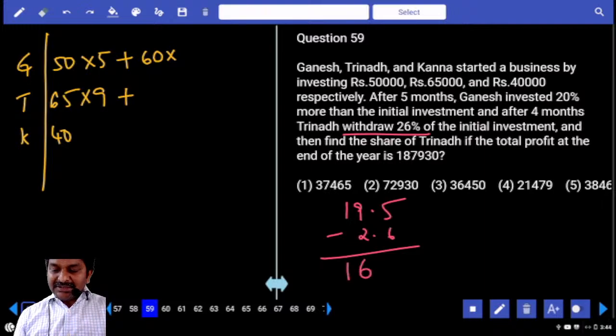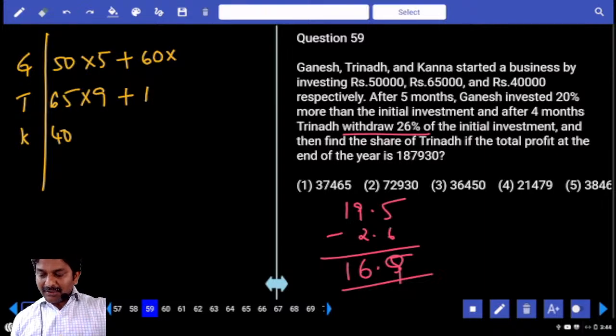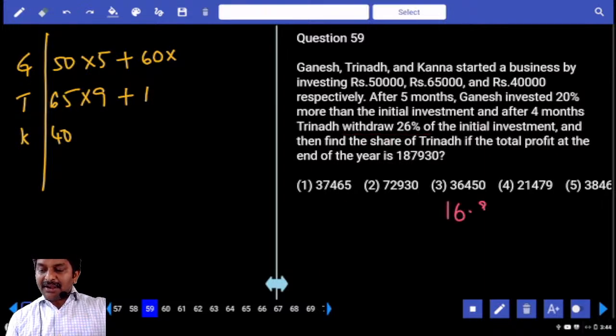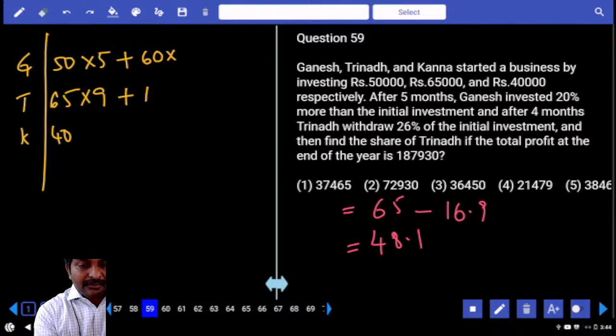That means 16.9 is withdrawn, right? If 16.9 is withdrawn from 65, the leftover value is equal to 48.1. 48.1 into.